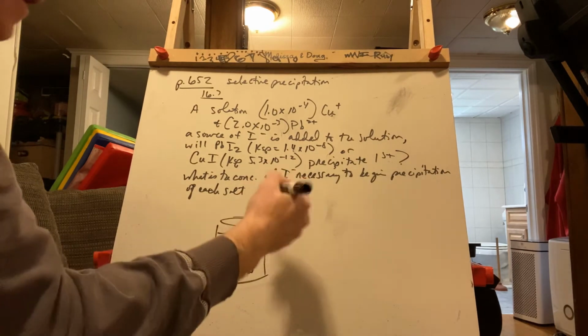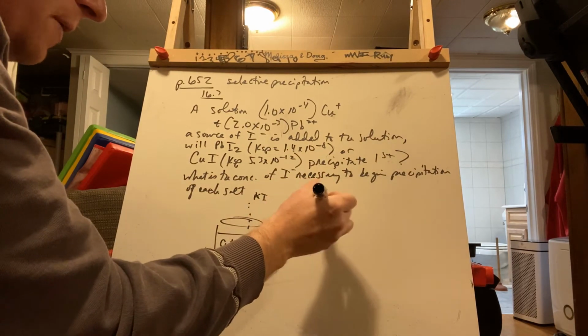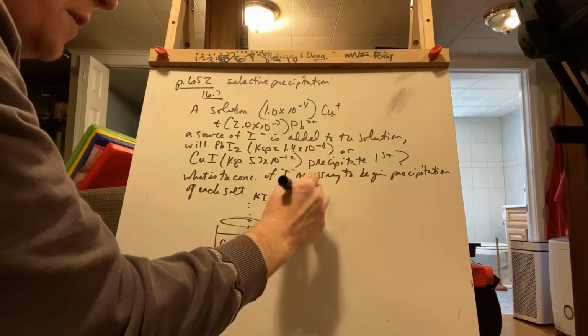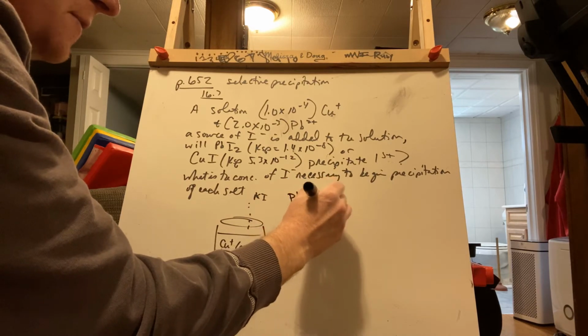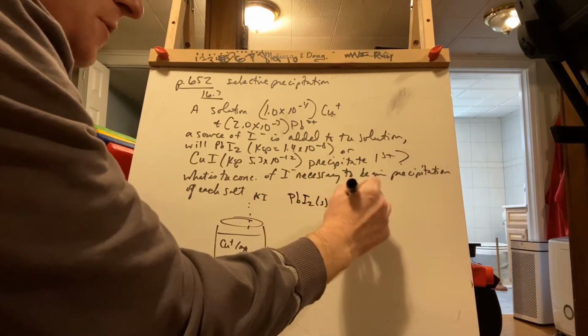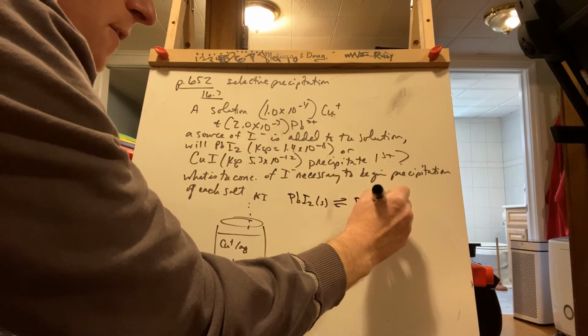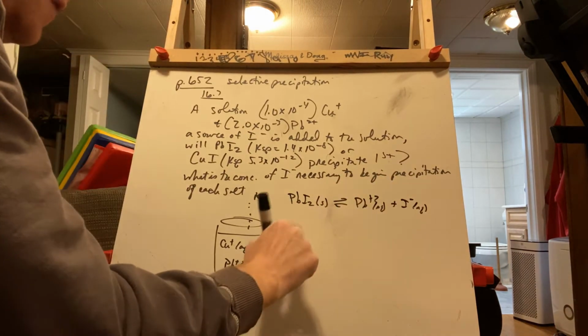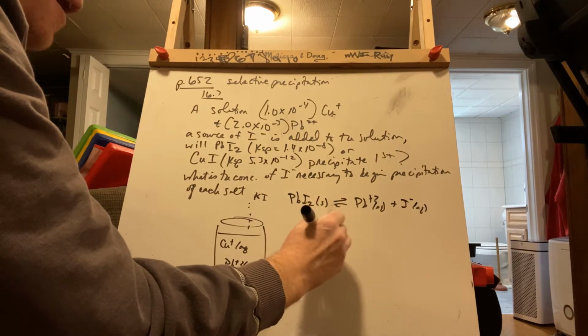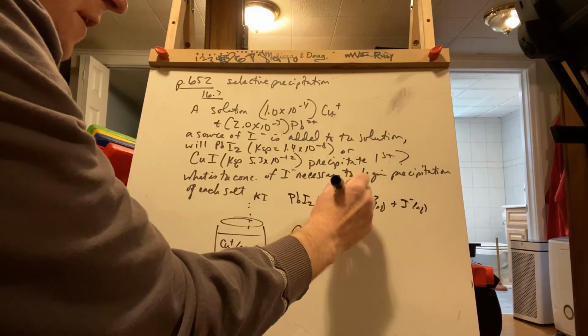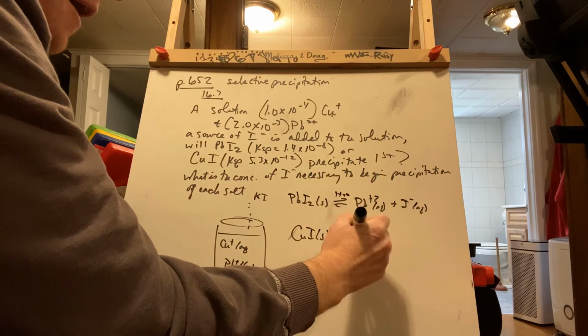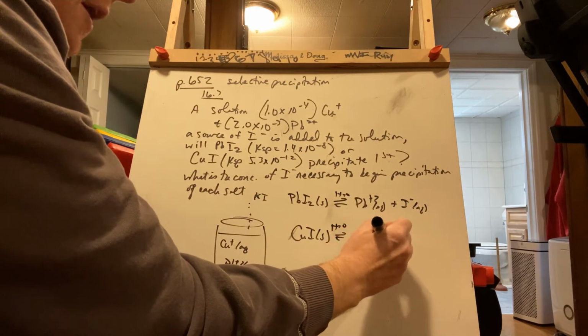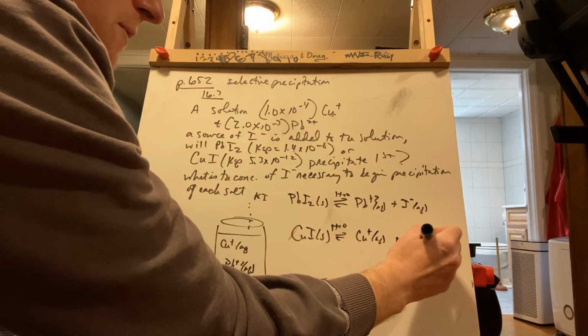I didn't look at the answer yet, so let's just see what our answers are. We first set up PbI2 goes to Pb2 plus aqueous plus 2 I minus aqueous. And then we have CuI in water, which gets us Cu plus and I minus.